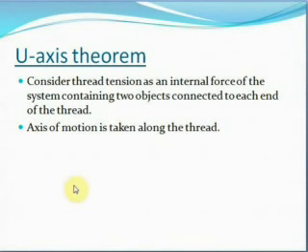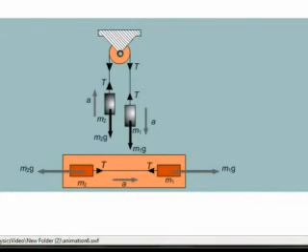Now we'll see how we can solve some pulley systems using the work-energy theorem. In this theorem, we consider the thread tension as an internal force of the system, and the axis of motion is taken along the thread. So for example, here we have the most basic pulley system.